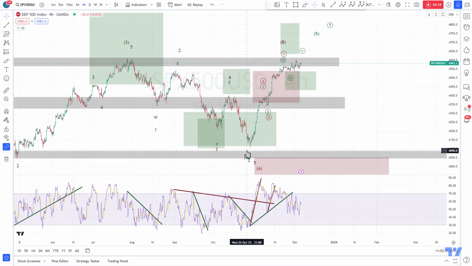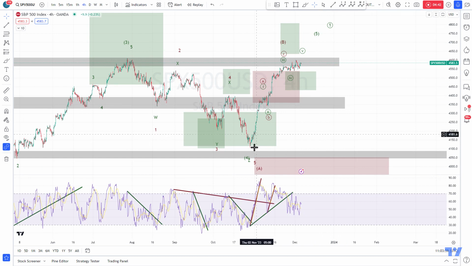This structure has been characterized so far by very shallow pullbacks, and if this is the case, it could actually be quite bullish, and it could mean that this impulse is just continuing, extending. That's always a possibility with impulsive structures.